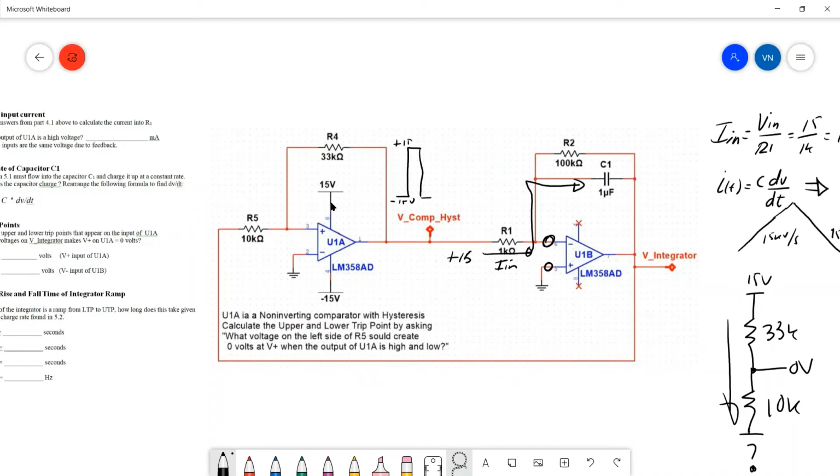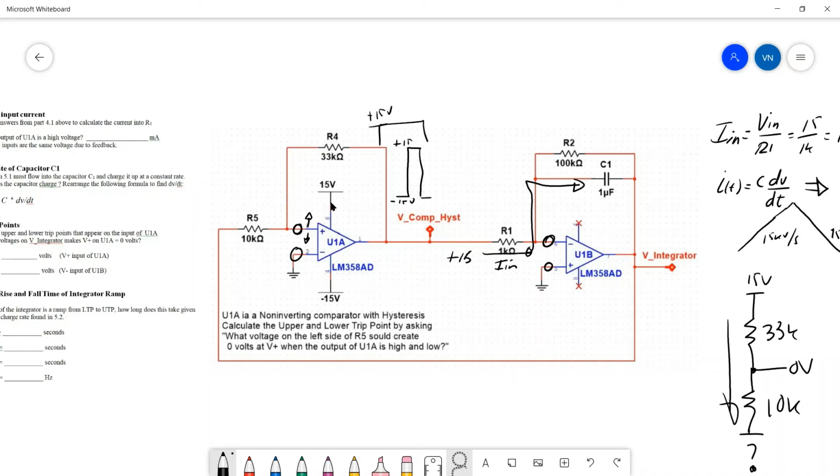When the output is high, let's set the output high to plus 15 volts. We know that the comparator is going to toggle when the positive input goes above or below 0, because the negative input is 0. So when this positive input goes a little bit above or below 0, that's where it's going to trip.